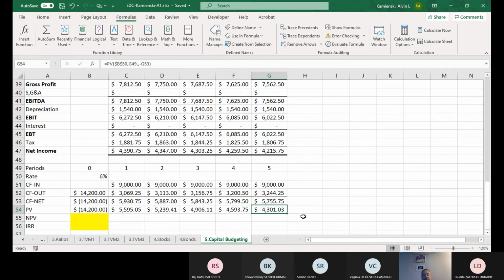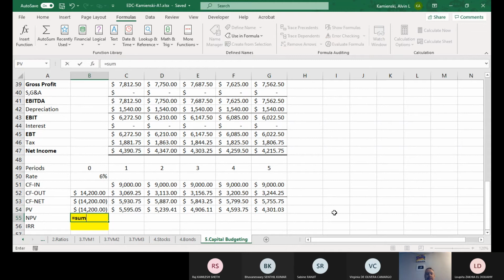Because I built my formula so nicely, I'll show it to you all this way, this is sometimes easier to see. Here's what I see in the fifth period. At that same rate of 6%, when this is 5 periods away, I have no payment, but I switched the sign on this 5755, which tells me that the present value of the 5755 in 5 years at 6% would be like $4,300 today.